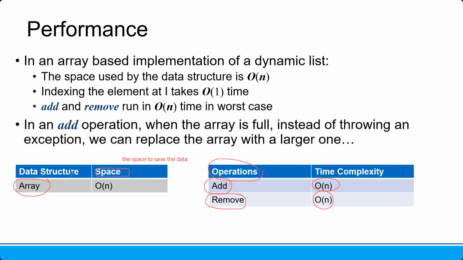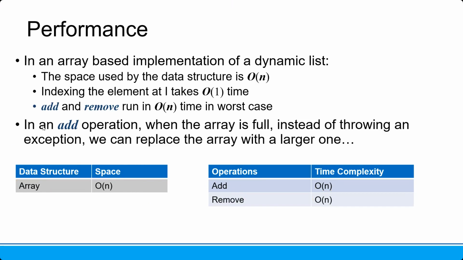In this case, the worst case is n. So if you have 5 data, it means you need 5 spaces. If the data is 10, then you need 10 spaces. So that's the meaning of O(n).